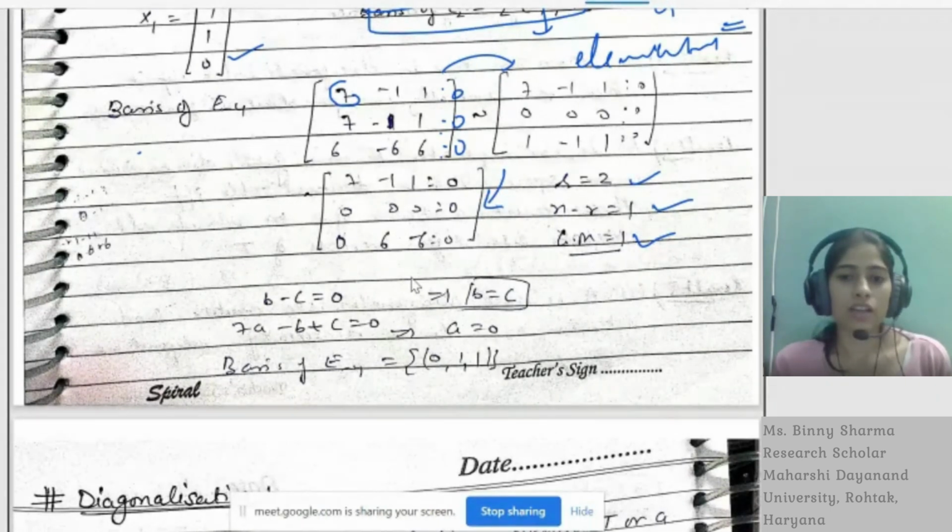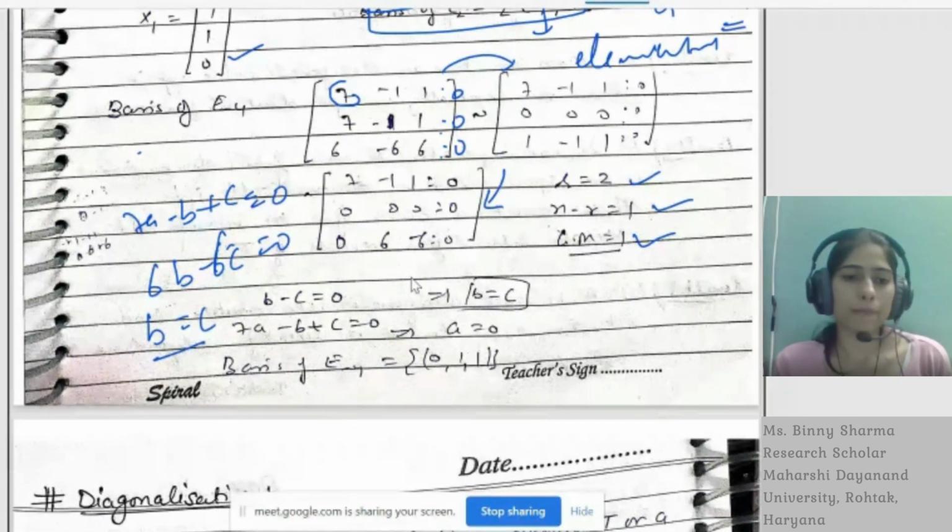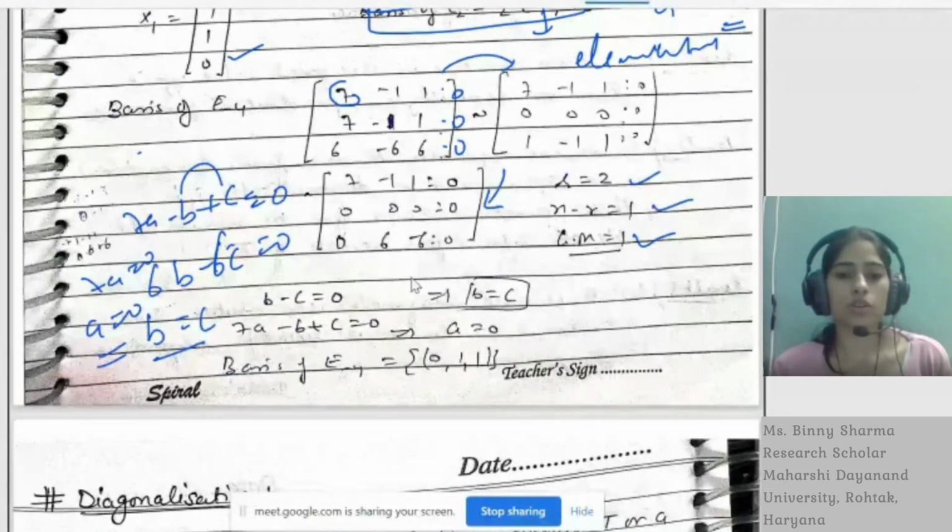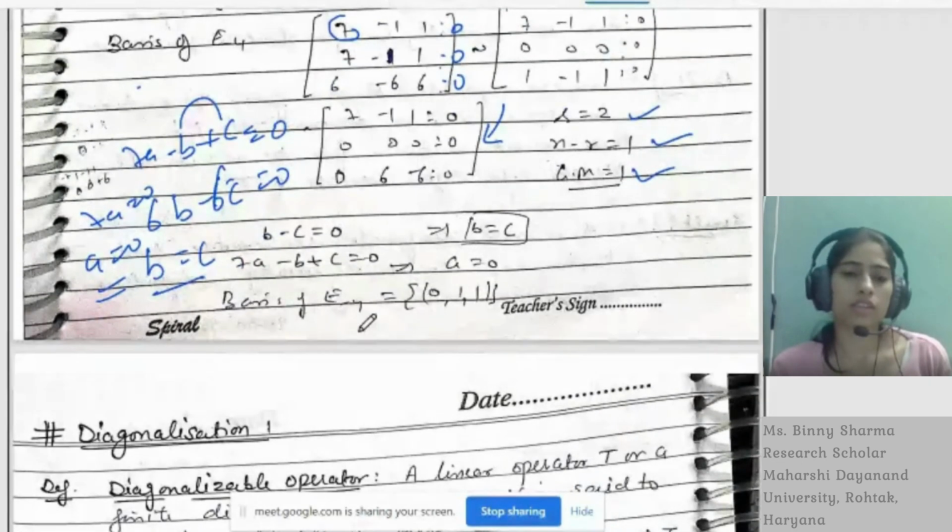By making 7a minus b plus c equals 0, 6b minus 6c equals 0, that is b equals c, and if b equals c equals 0, then 7a equals 0 and a equals 0. So we can define the basis of E minus 4 as (0, 1, 1).